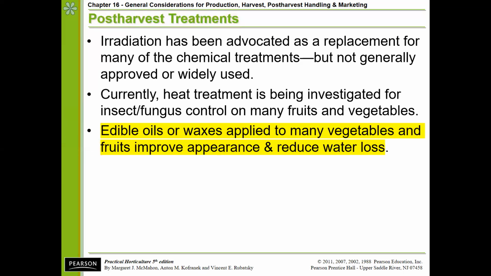For any of you all that eat apples, pretty much all of our apples on the market are waxed or oiled, so that it makes them look shinier and prettier, but it also reduces the moisture loss, and can prevent some of the ethylene off-gassing too. So they hold better for longer.